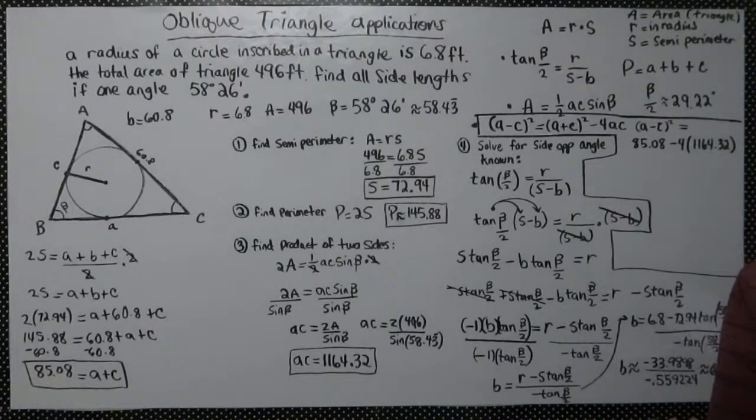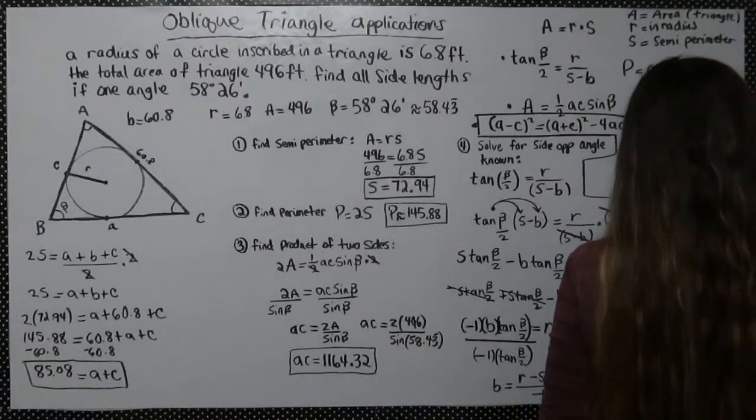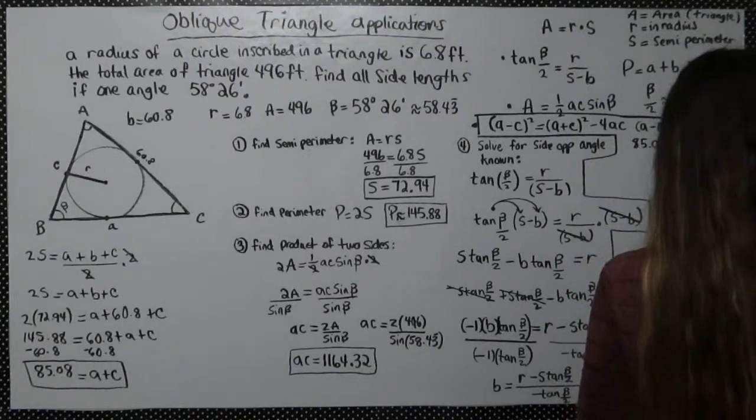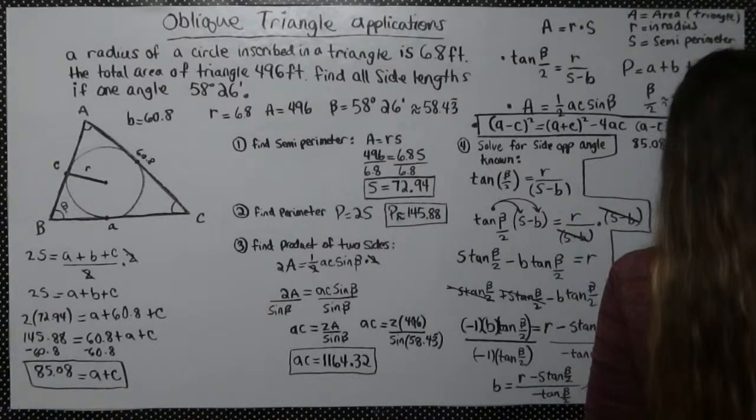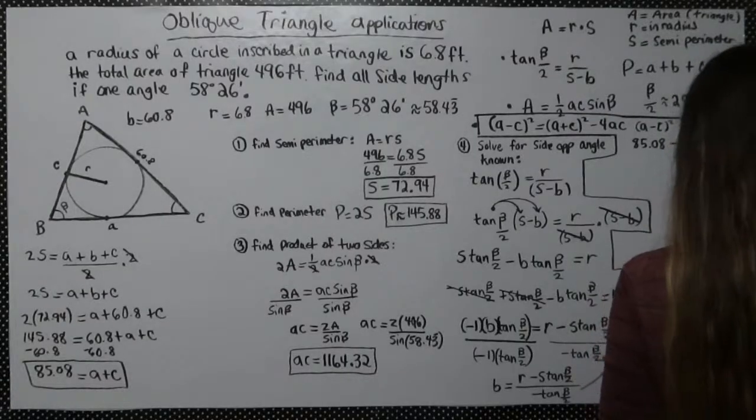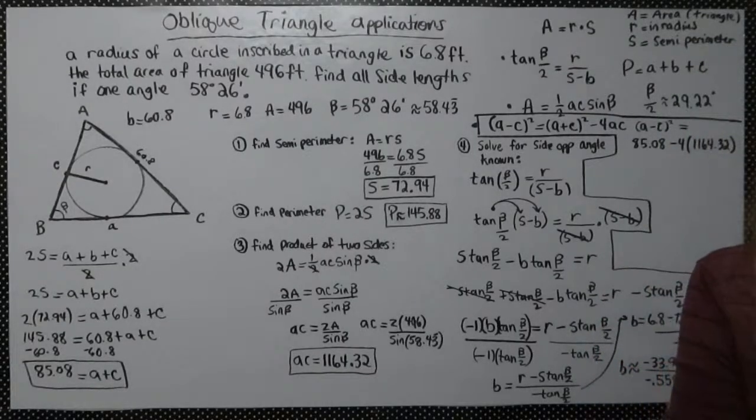Okay, negative 4 times 1164.32. It's negative. Wait a second.